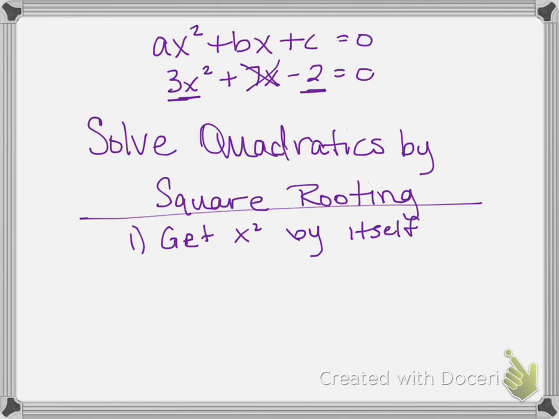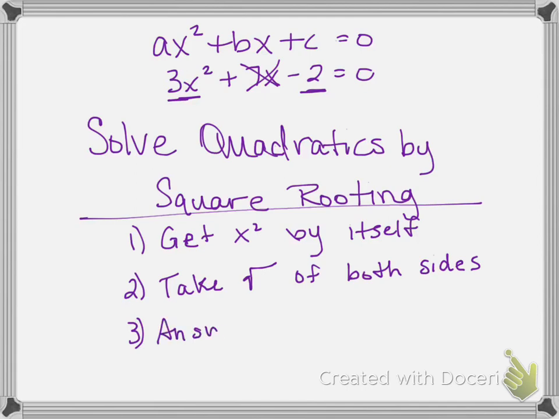So I'll show you that. Once you get x squared by itself, you're going to take the square root of both sides of your equation. And then your third step is to write your answer as a plus minus statement. Okay, so plus or minus 5 square root of 2, something like that. Okay, so let's get started.